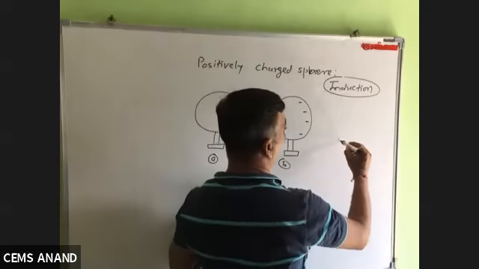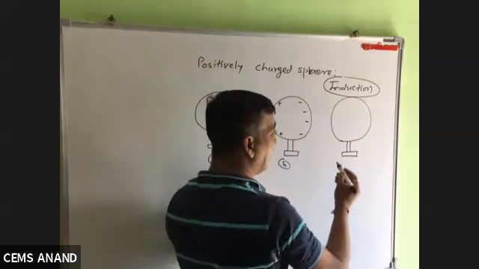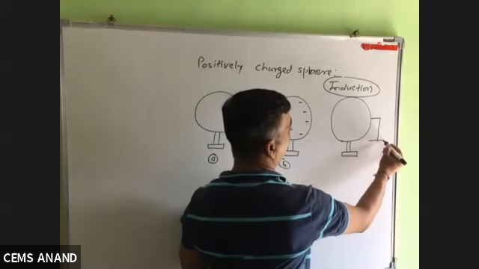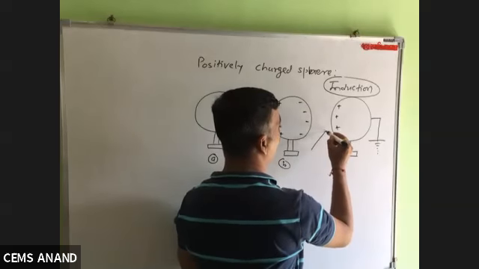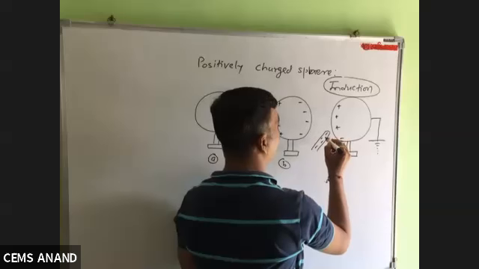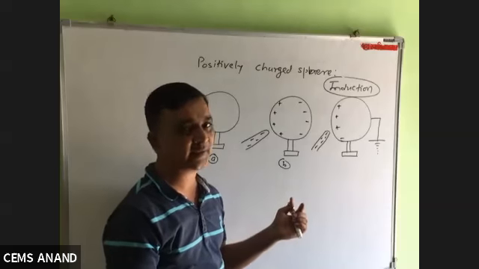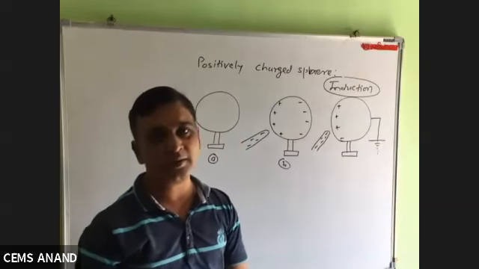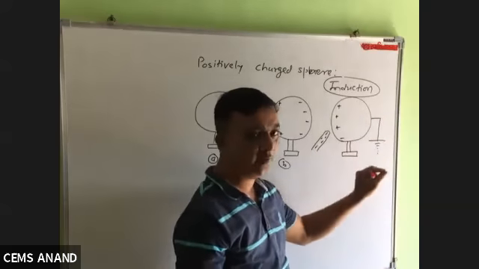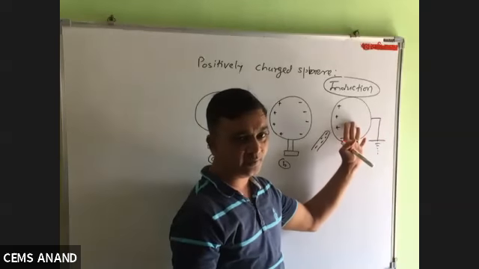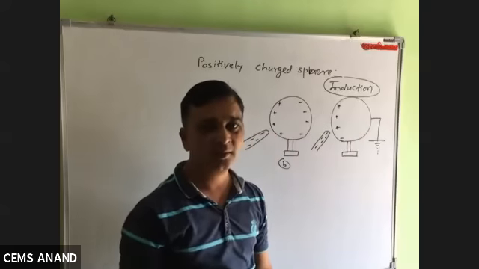So, as we are asked for preparation of a positively charged sphere, let's make an earthing. Earthing, we know about earthing now. It is a safety feature used for electric devices and circuits. This is a symbolic form of earthing. So when we earth our sphere, all the negative charge accumulated over there goes to the earth.